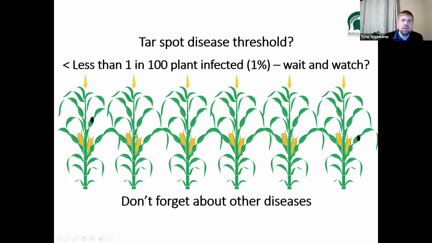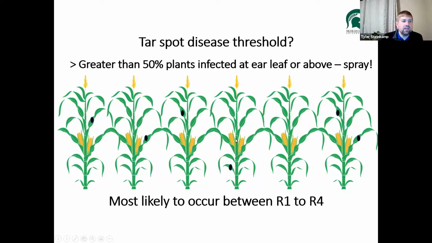And honestly, you're going to have to really be looking to see this. Whereas if greater than 50% of the plants are infected from the ear leaf on up, then we definitely need to get some sort of fungicide application out there.